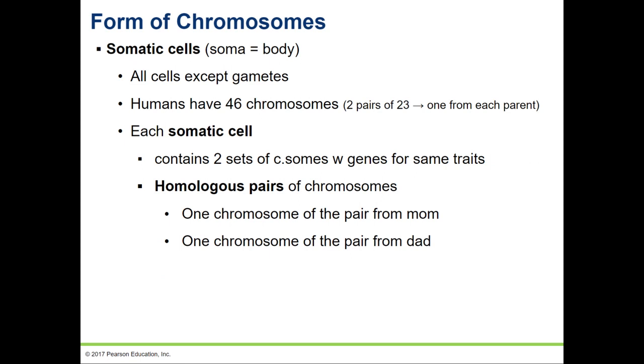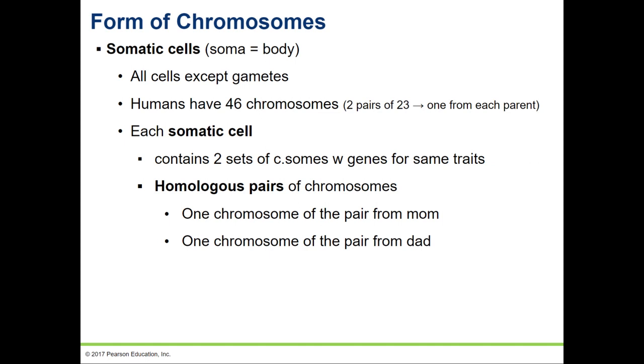So in all the cells in our body, like we said, the somatic cells, you would have 46 chromosomes, and they are in pairs. There's actually 23 pairs because you got one copy of each of them from each parent. So in your somatic cells, like your skin or your organs, you would have 2 sets of chromosomes.